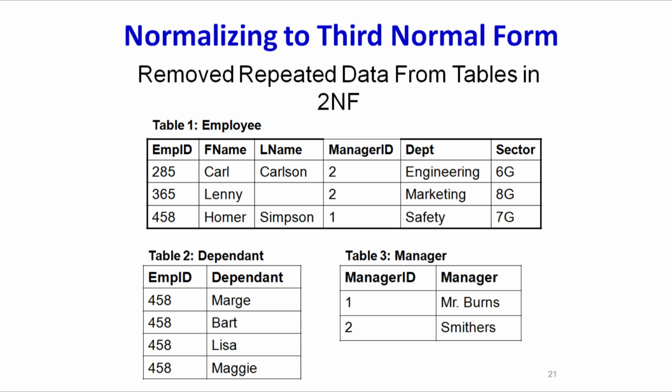Now, taking that data in second normal form and normalizing it to a third normal form, we must remove repeated data from tables and make sure that all attributes are depending on the primary key. All attributes that are not dependent on the primary key will be moved to a separate table. Now, in second normal form, we've got three tables: employee, dependent, and manager.